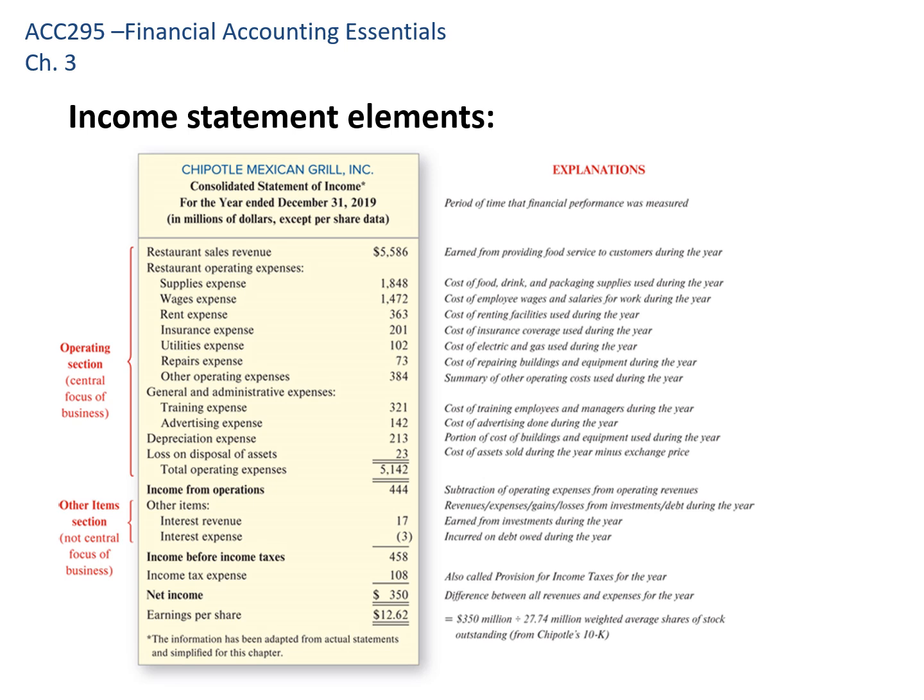And then we have other items. In this case, we have interest revenue and interest expense. Those are items that don't really necessarily relate to the core purpose of being Chipotle Mexican Grill Inc. So we keep those separate. They still affect the bottom line, but we don't include them in the above operations line.